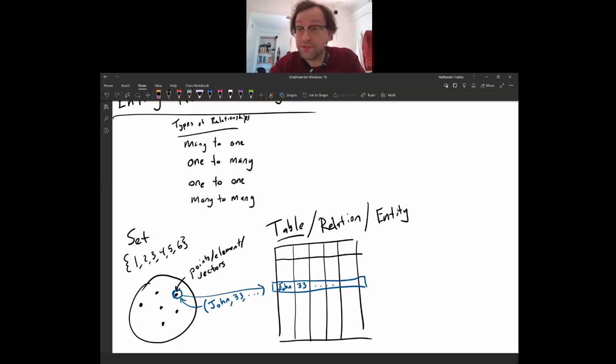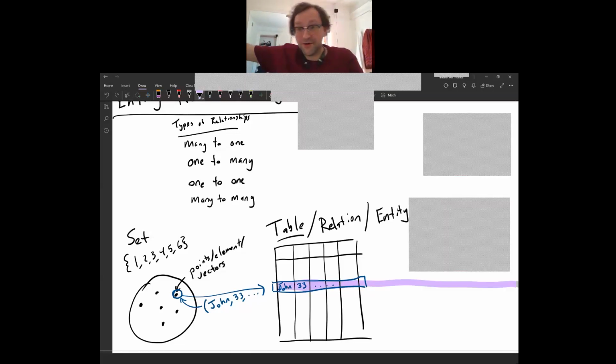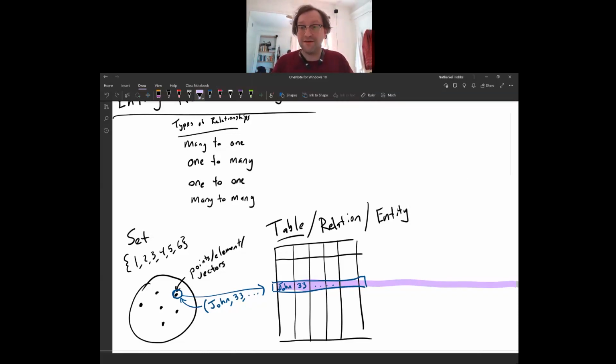How much storage does one point take up? The exact same amount that row would take up in a table. So if this row in this table is very, very long, it goes on and on, then representing that row on a hard disk would take up a certain amount of space, and the point therefore takes up the exact same amount of space.